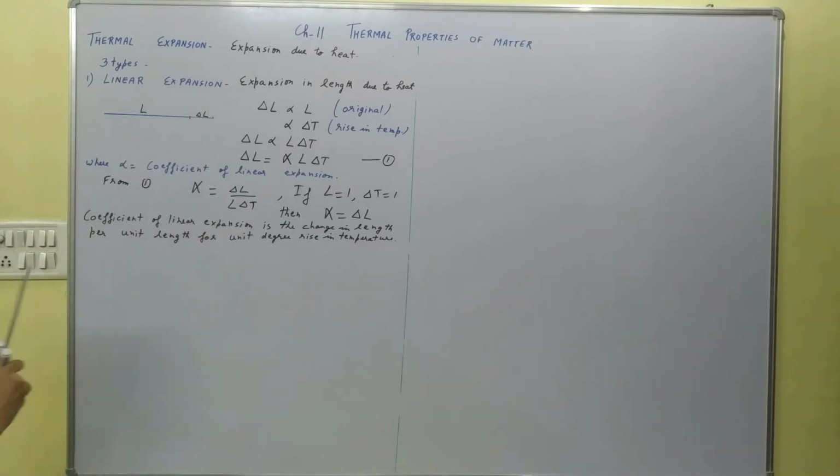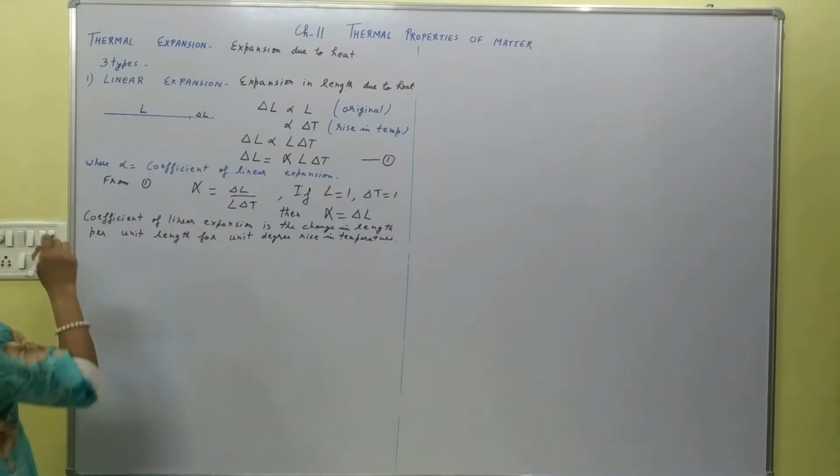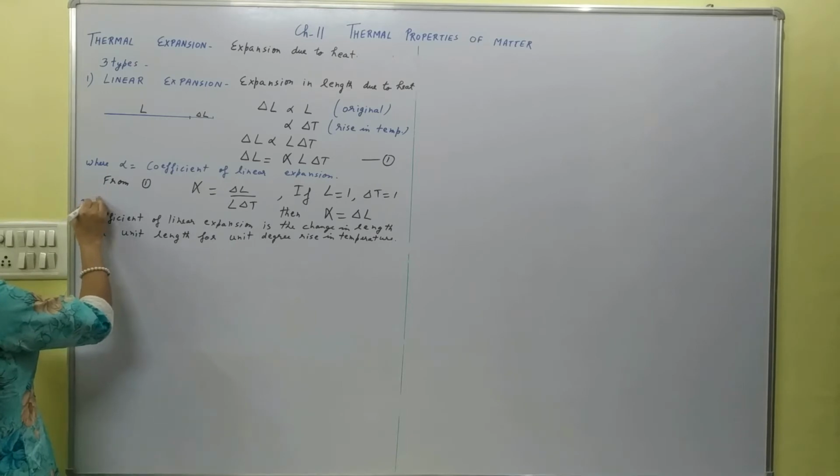Right? So this is the definition of alpha, that is the coefficient of linear expansion.